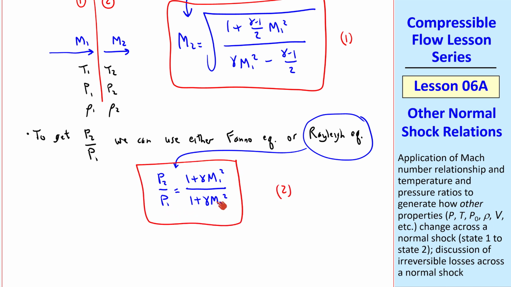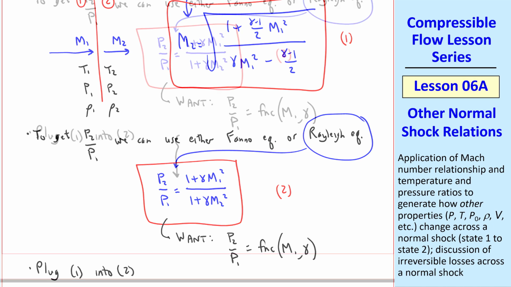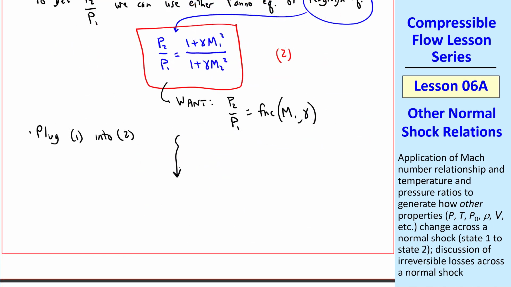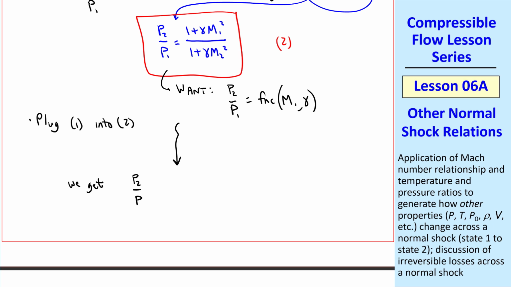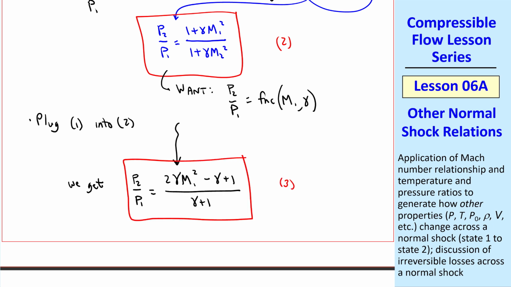Notice that this pressure ratio has both M1 and M2, but if we plug equation 1 into 2, we can eliminate M2 to get what we want, which is P2 over P1 as a function of M1 and gamma only. So let's plug 1 into 2. This involves some algebra, which I'm not going to show, but the final result is (2 gamma M1 squared minus (gamma minus 1)) over (gamma plus 1), and I'll call this equation 3.